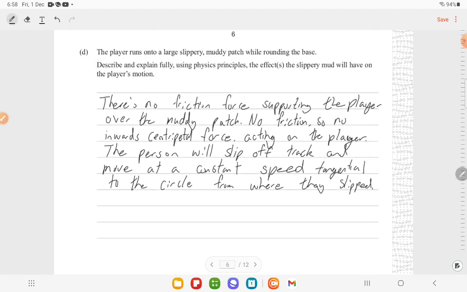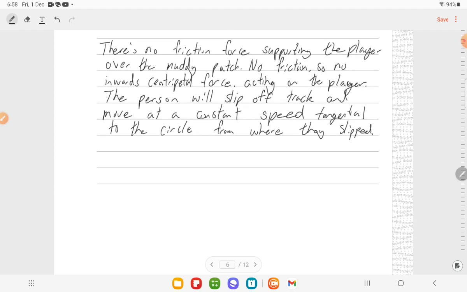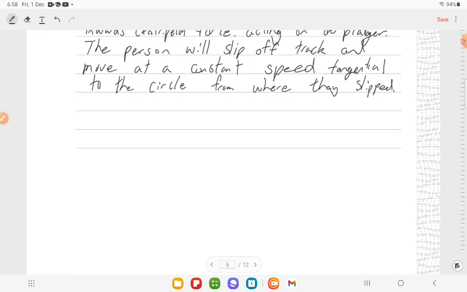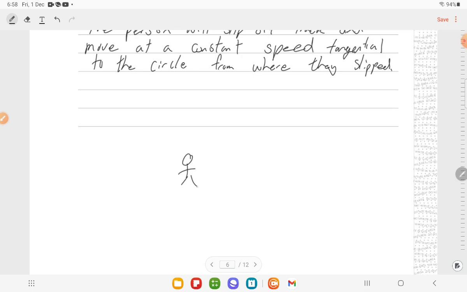So basically, there'll be no friction force supporting the player over the muddy patch. So the inward centripetal force acting on the player will be lost, and the person will slip off the track and move at a constant speed, tangential to the circle. So let's say this man is running around the circle, but there's a muddy patch here where this person slips off, so this person will go this way.